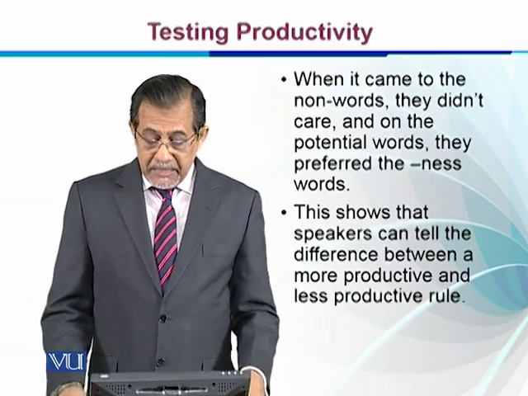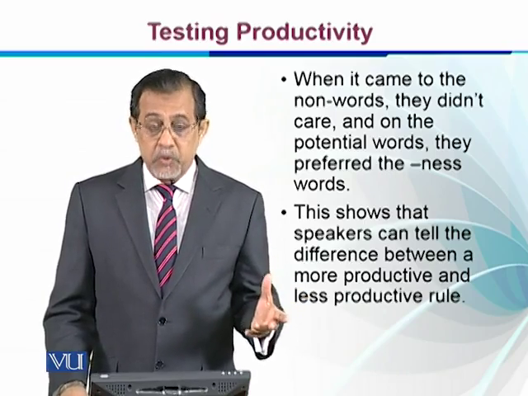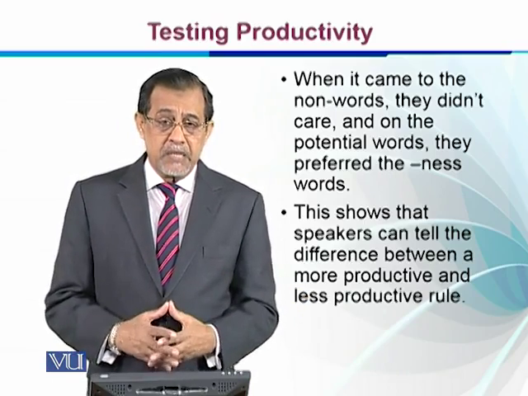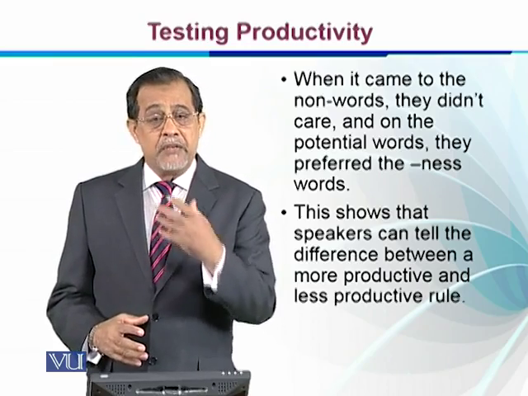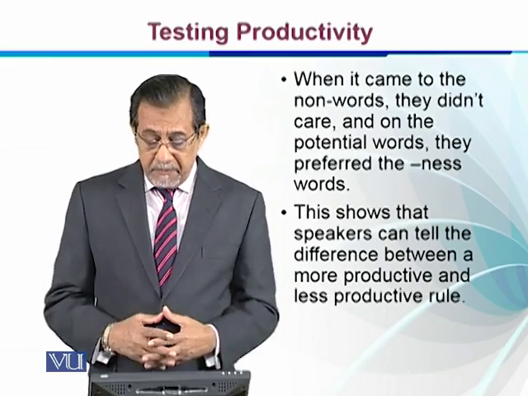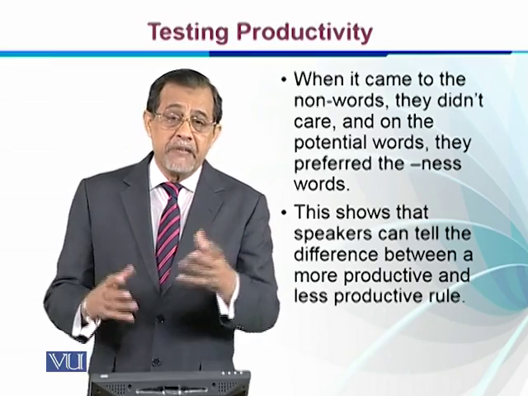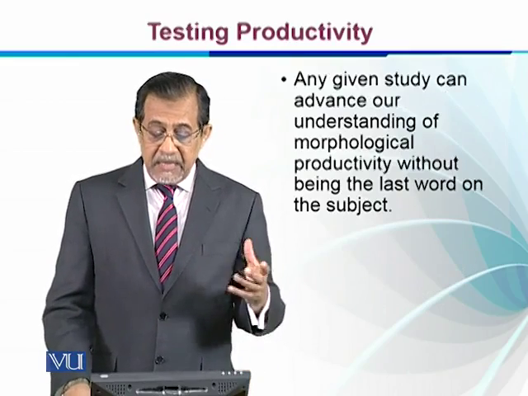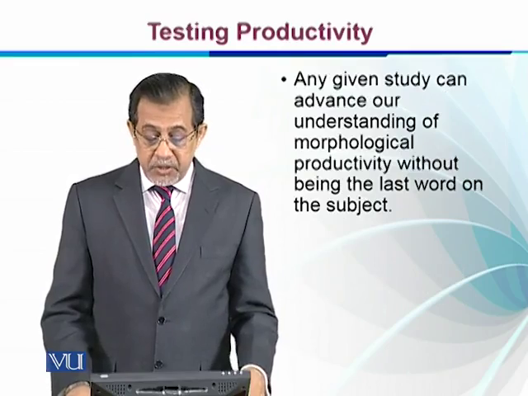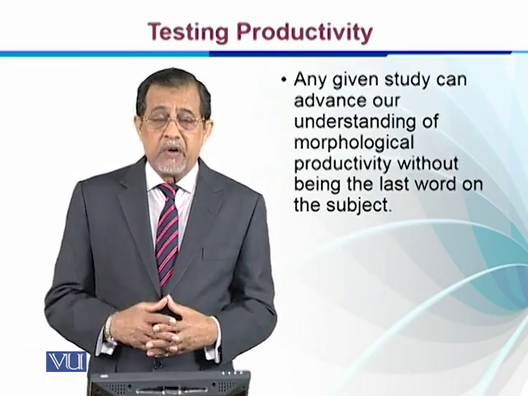This shows that speakers can tell the difference between a more productive and a less productive rule. So this was the result, that speakers, on their own understanding of the language, can tell us which suffix is more productive and which is less productive. Any given study can advance our understanding of morphological productivity without being the last word on the subject.